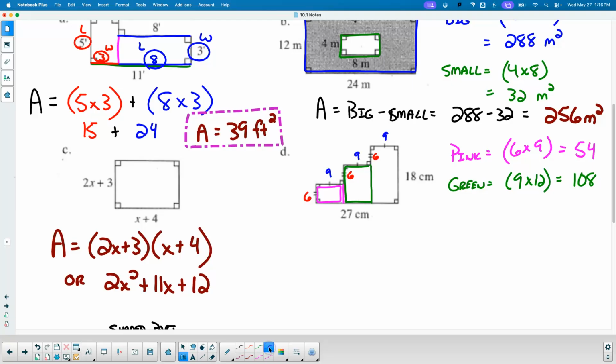And in my purple rectangle here, that would be 9 times 18, which is going to be 162. Add them all up, and we get 324. Yep, 324.